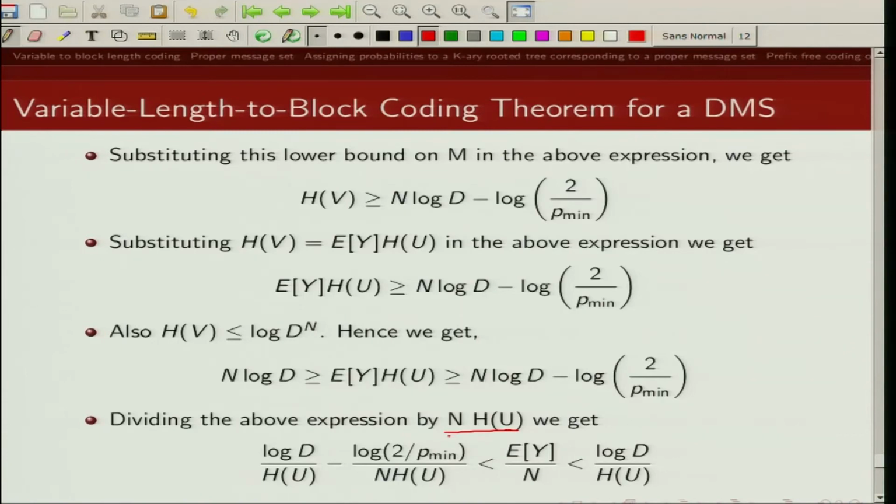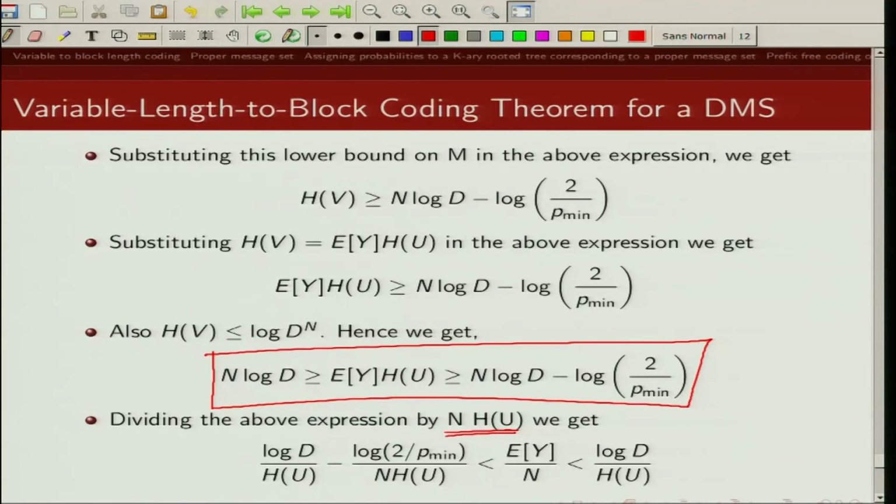Next I divide this expression by n times H(U), and what I get is this relation. So this will give me a lower bound on the expected value of y given n, as well as an upper bound. So for a proper message set, what we have come up with is bounds on the average input message length divided by the output message length.